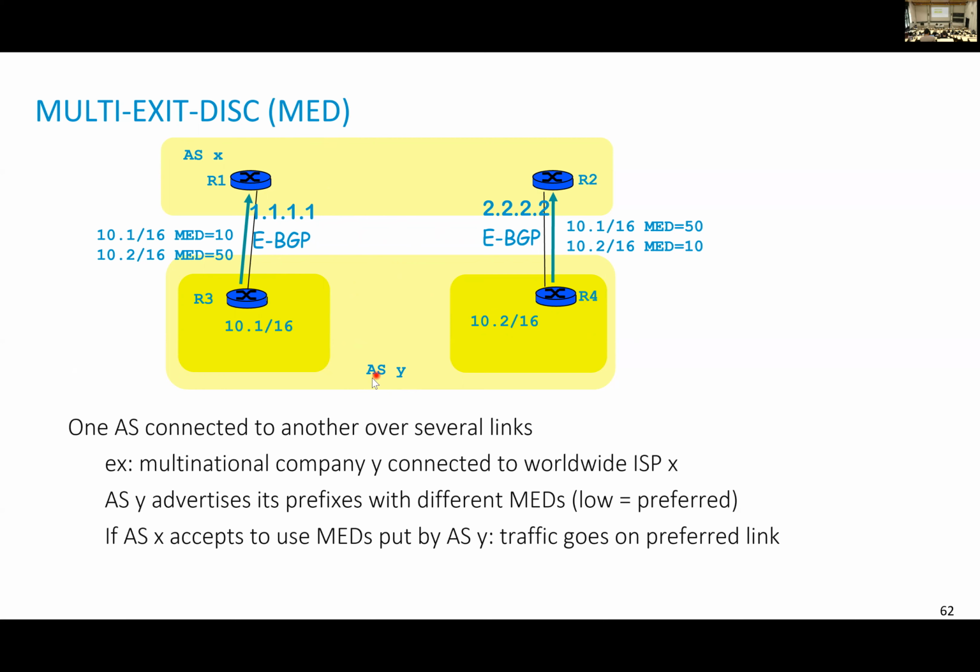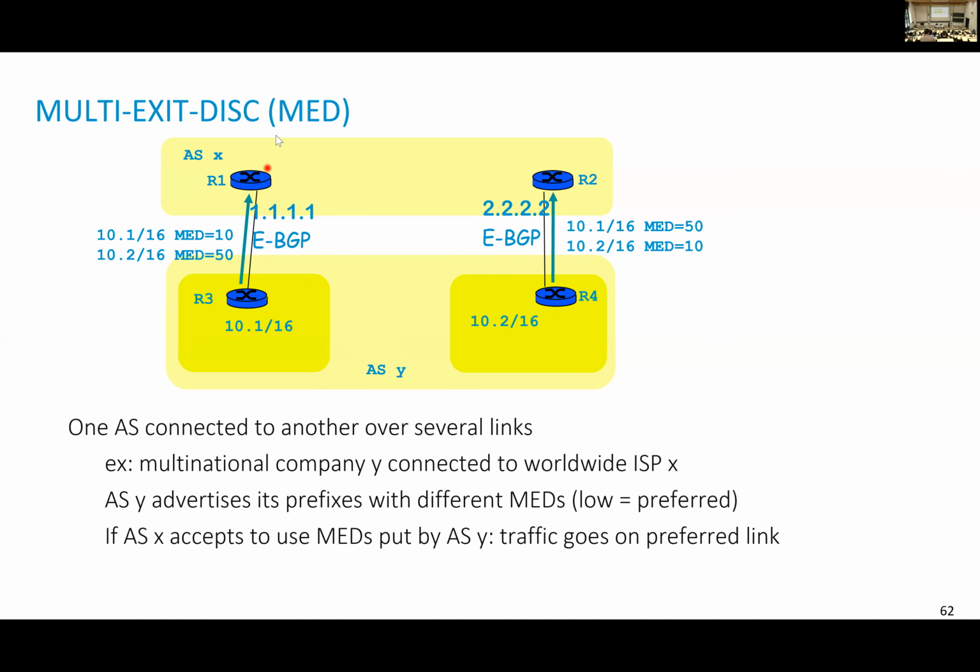So here, ASY is connected to ASX with two links here that are perhaps far apart. And here, the intention of ASY is that perhaps because X is a provider, Y wants to get rid of the traffic as quickly as possible.